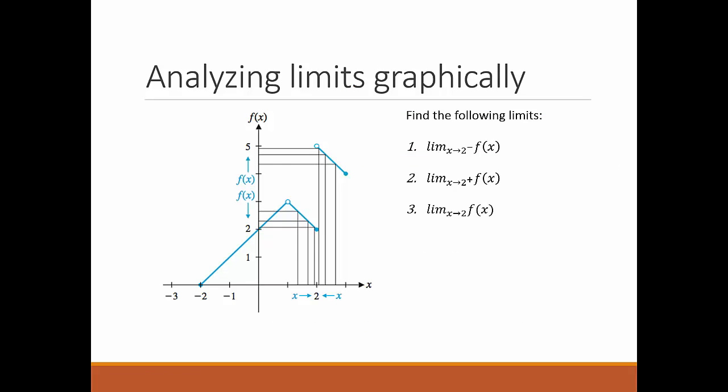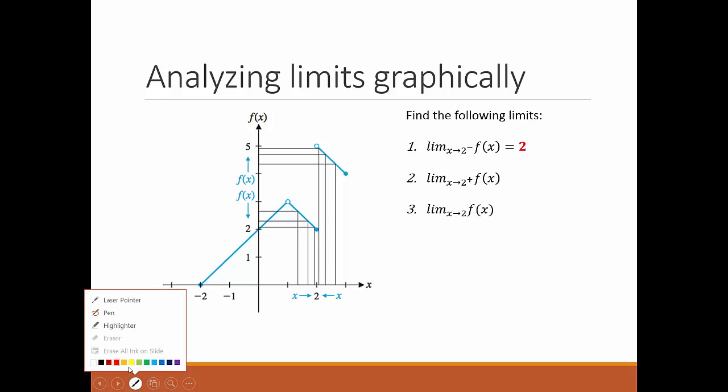All right, let's look at a graph to see how we can find limits. This first one says, as x is approaching 2 from the left, what is the value of my function approaching? Well, I follow my function along here, and as I get really close to 2 from the left, it looks like the value of my function is approaching 2.